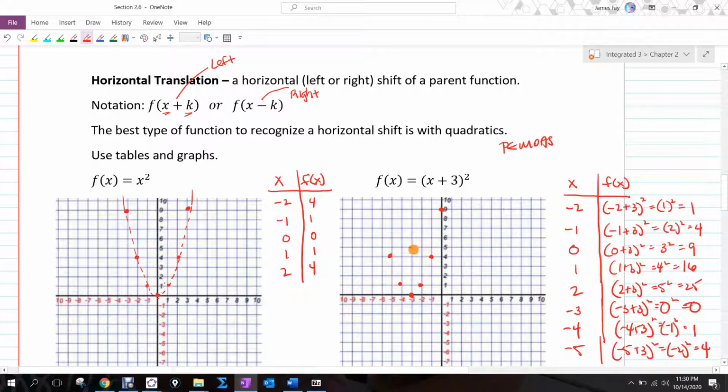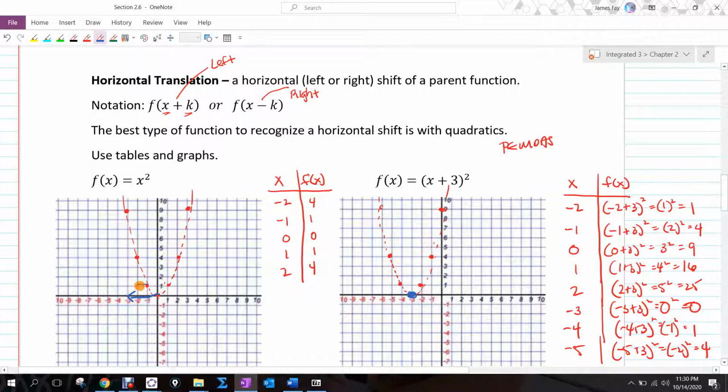And you can start to see now that I do end up with that parabola right there. And you can kind of visualize, okay, well, if I started with x squared and I move that point at 0, 0 to the left 3 units, does it turn into that point right there?